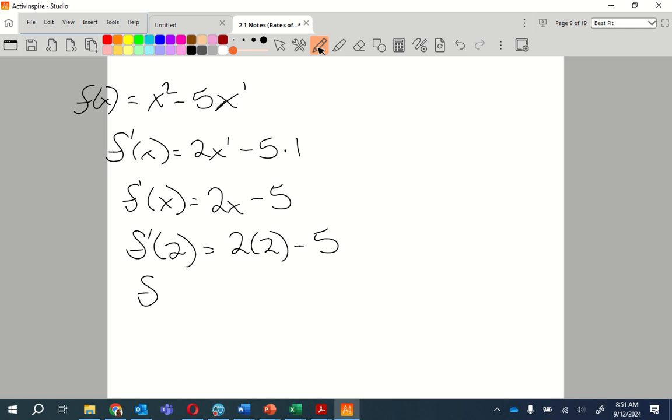So we could say f prime of 2 is going to be, is that what we came up with when we did the limit process? Yeah, that's the same thing.